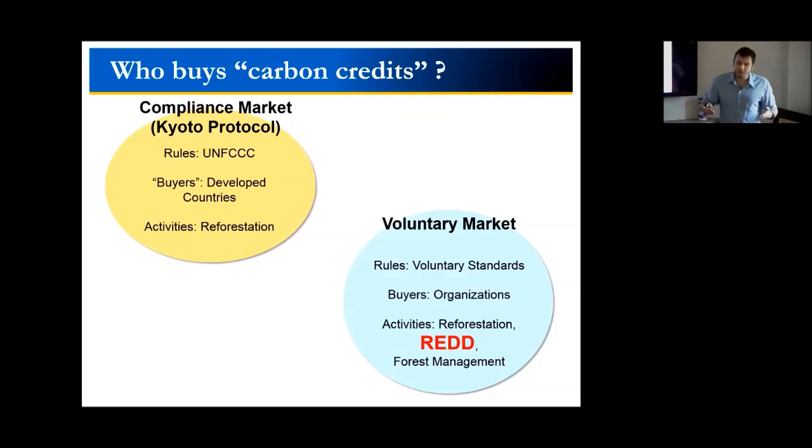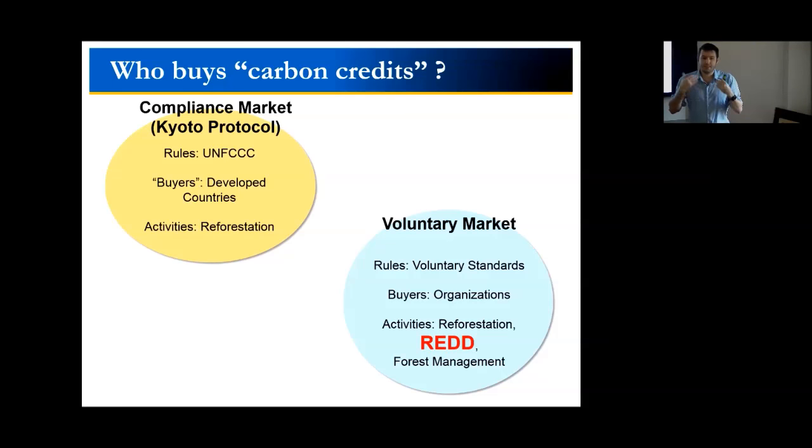And that led some people to come up with specific voluntary standards to regulate this market. So the idea is, you're a company, you want to offset your emissions. Well, I wrote this document and I came up with this cool website and I have rules. So you should buy the credits that I am certifying, because then you can make sure that whatever you're buying is real.